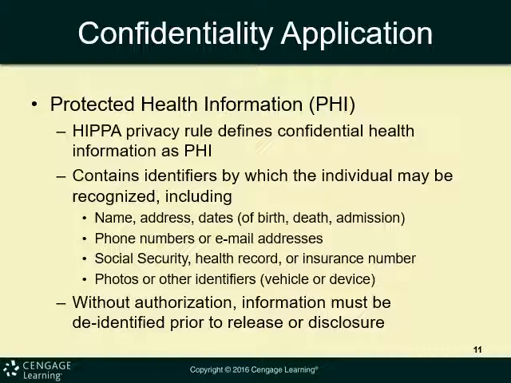Numerous restrictions are placed on individually identifiable health information under HIPAA. The information that is stripped of all identifiers that was previously mentioned that could be used to identify an individual is referred to as de-identified health information.